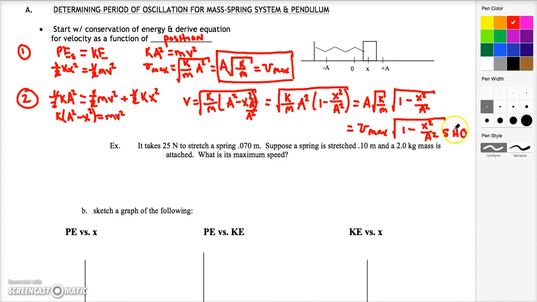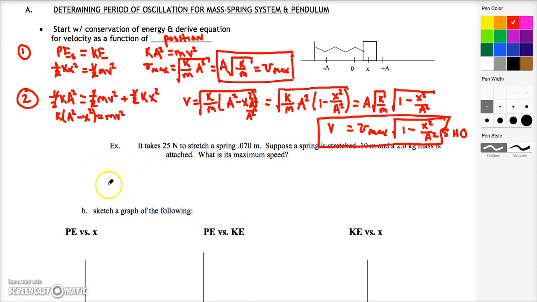So this is what we refer to as a simple harmonic oscillator if it follows this format. If any other type of situation follows this format, we can say it's a simple harmonic oscillator. So this is a big deal. This is the velocity at any other point. And I'm going to call that SHO.